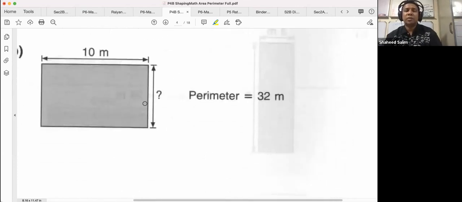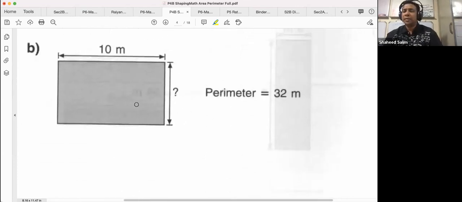Okay, so now we try this one, perimeter again. This is 10. Okay, you try now, you try.